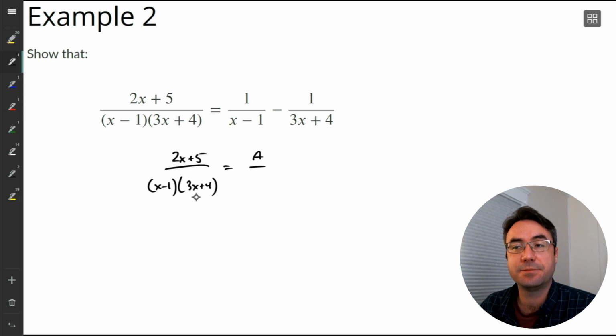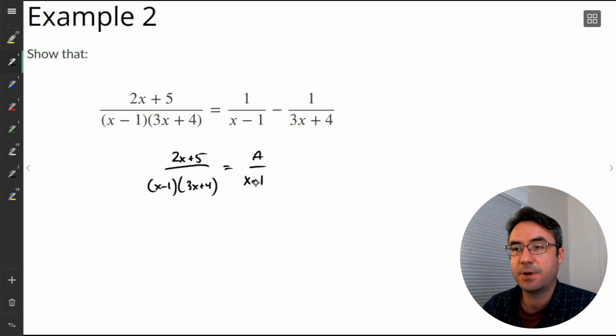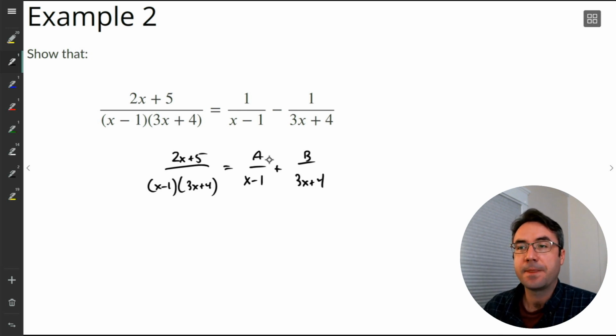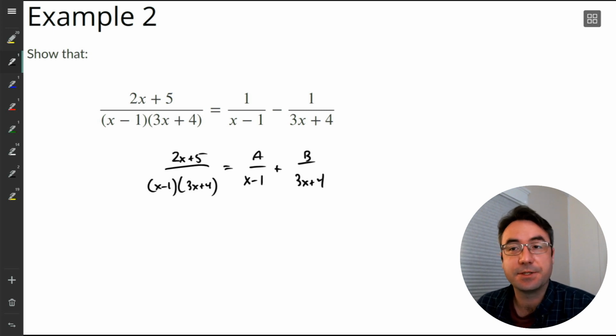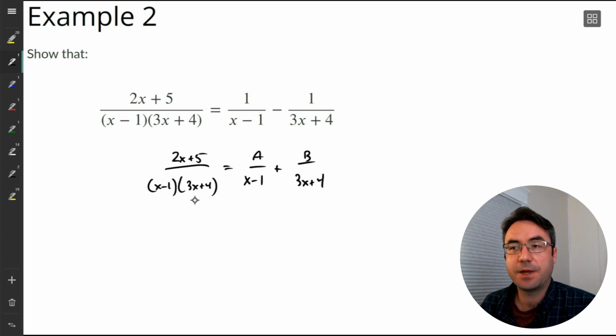So we have two linear terms. Let's take the first linear term. It gets its own fraction, a over x minus 1. Then we have a second linear term in the denominator, 3x plus 4. Everything is nice and factored here for us. So that gets its own fraction, which we'll call b over 3x plus 4. And now we actually need to figure out a and b. So this is where a little bit of algebra is going to come in. We're going to have to solve some equations. All right, so this is the first step, just to write the general format for the partial fraction decomposition.